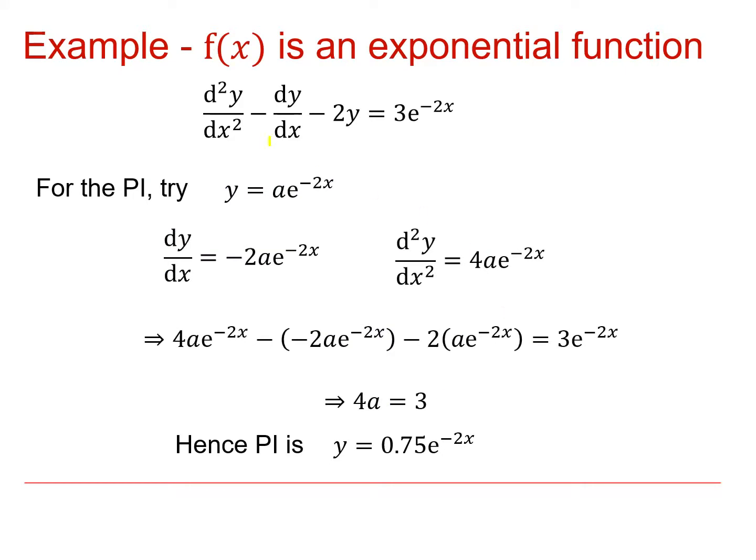There's that working tidied up for you. There's the particular integral a e to the minus 2x with its derivatives plugged into the equation to give me a value for a of 3/4. And actually I've got it listed here as a decimal, so y equals 0.75 e to the minus 2x.